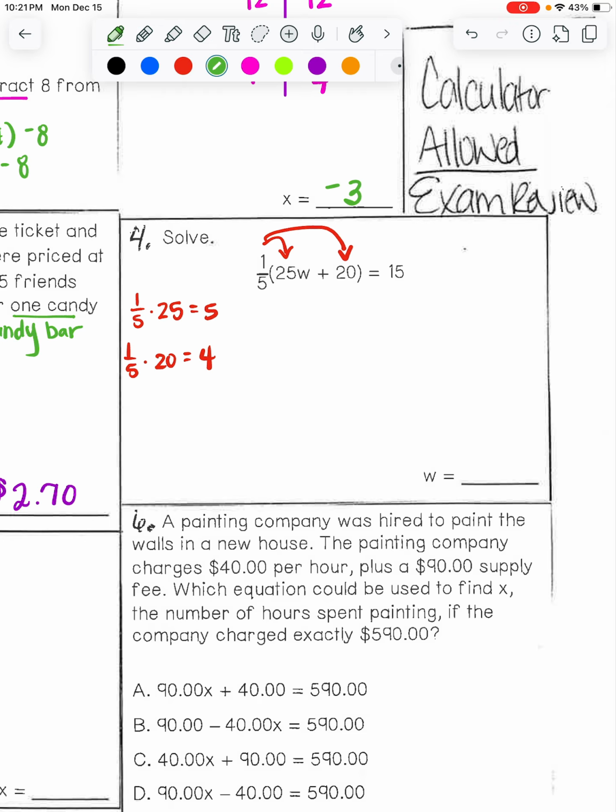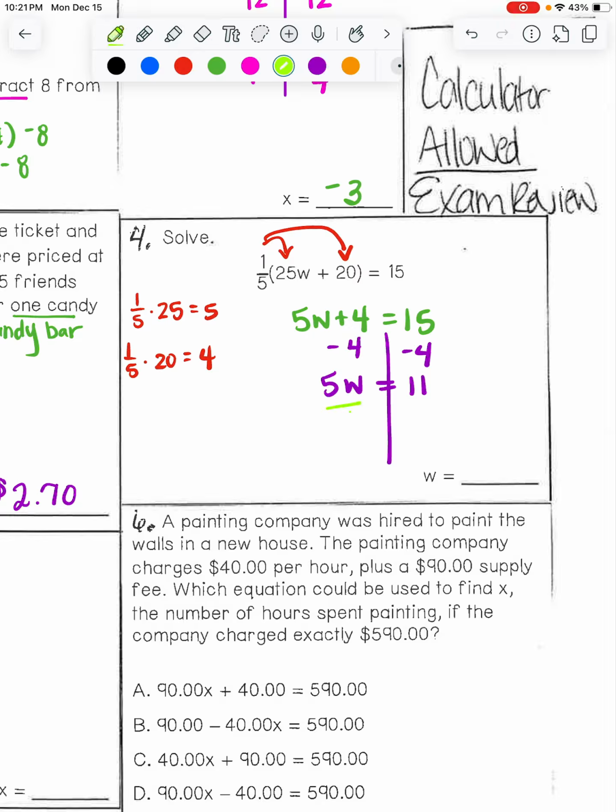So 1/5 times 25, that's going to be 5W plus 4, and that equals 15. Once you get rid of that fraction in the front and you multiply, it's just a two-step equation. All right, I'm going to subtract 4 from both sides. You get 5W equals 11.